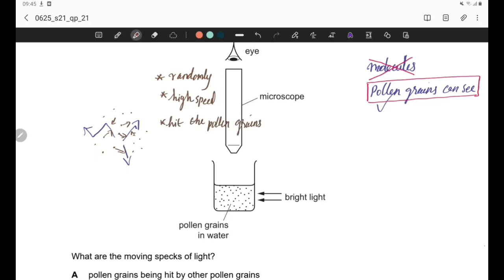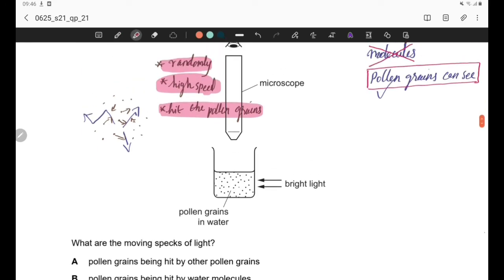Because of this, the pollen grains move in random directions. So the reason is these pollen grains are being hit by randomly moving liquid molecules with very high speed. They hit the pollen grains, so that the pollen grains also move in random directions.